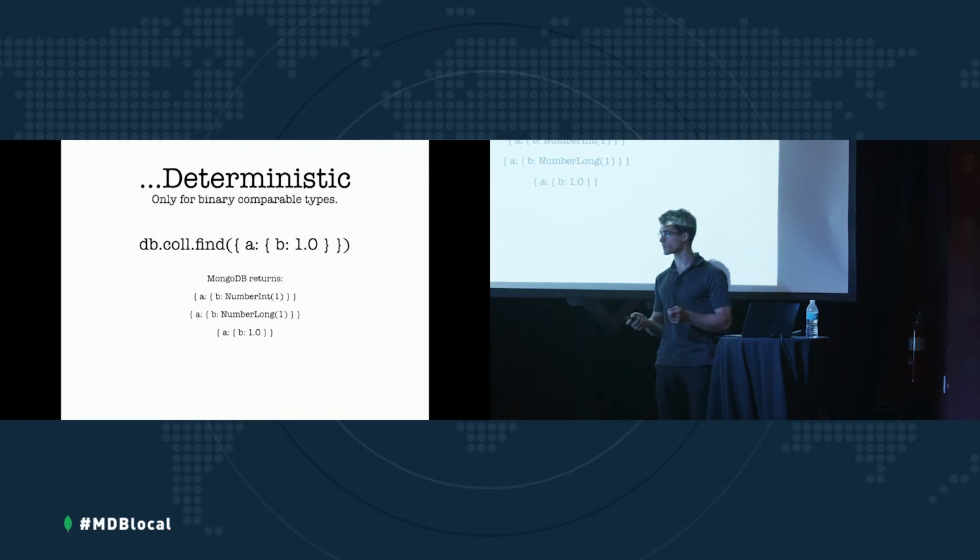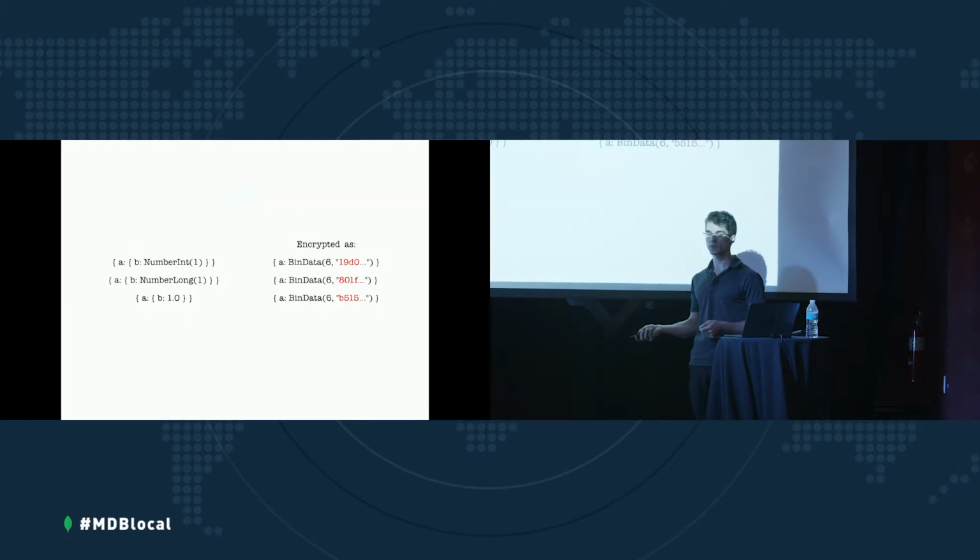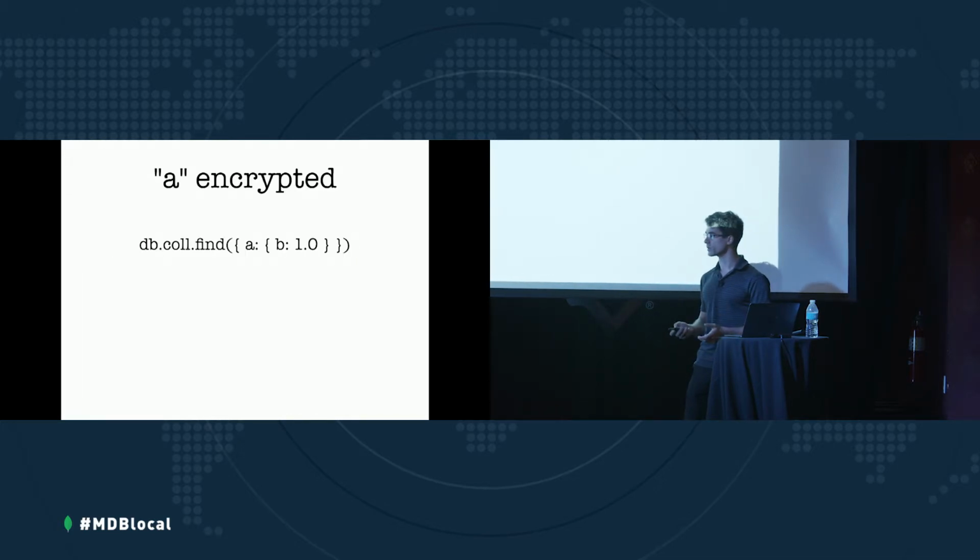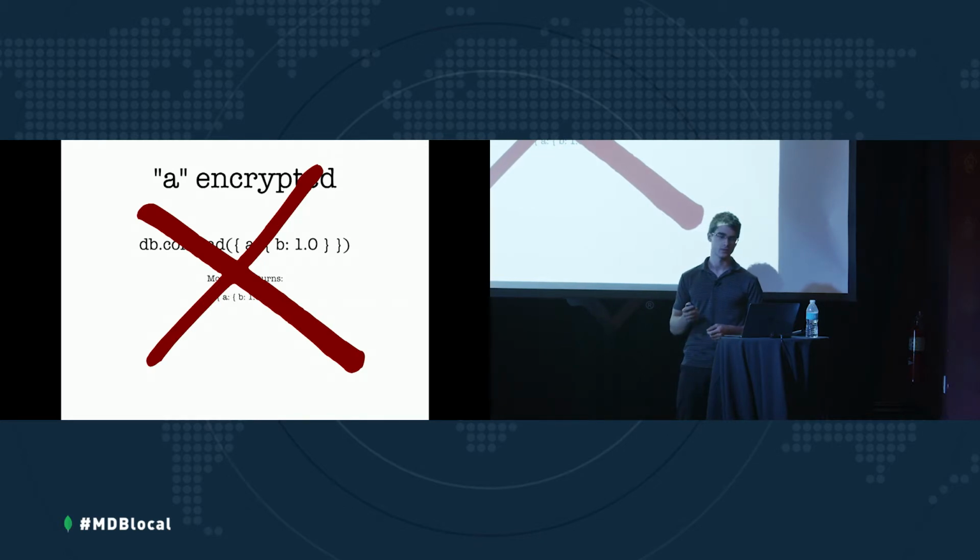So if we were to allow encrypting field A, then we would still, even if this was deterministic encryption, get different ciphertexts. So if we were to allow this, we would only respond with the one that is an exact binary match, which would change query semantics. So for BSON types that would change query semantics, we explicitly prohibit this.